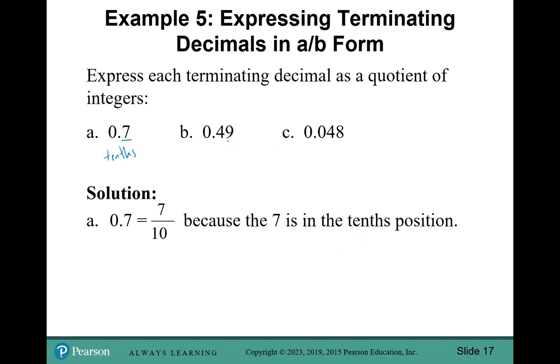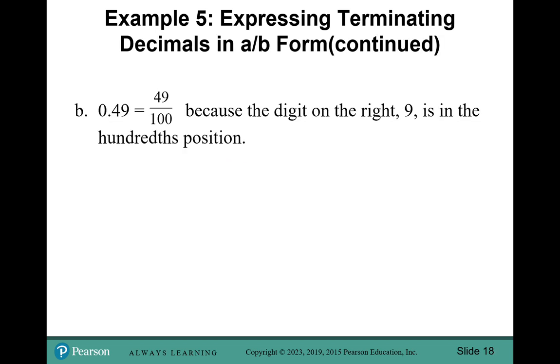The 49 is in the hundredths position, so I need to write it as 49 over 100. The last digit is in the hundredths position, and that is the digit we are truly concerned with.